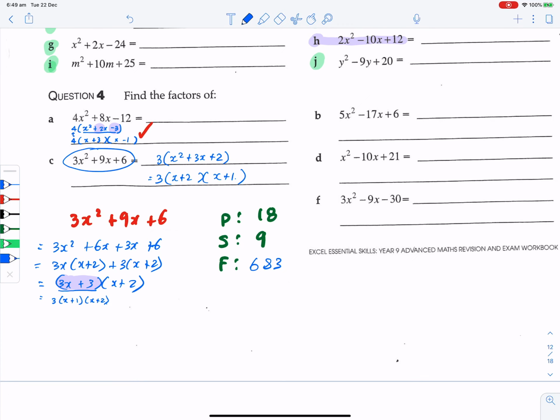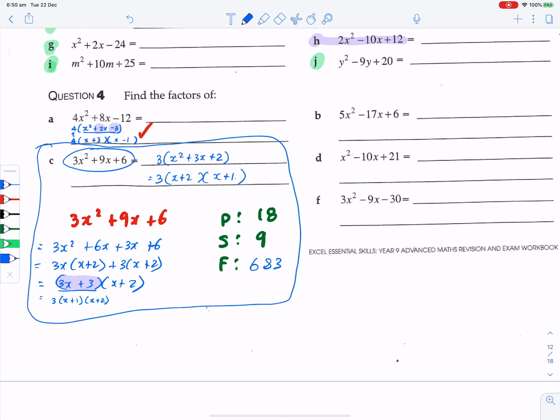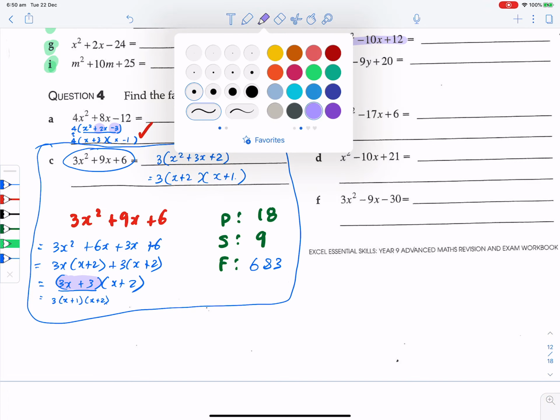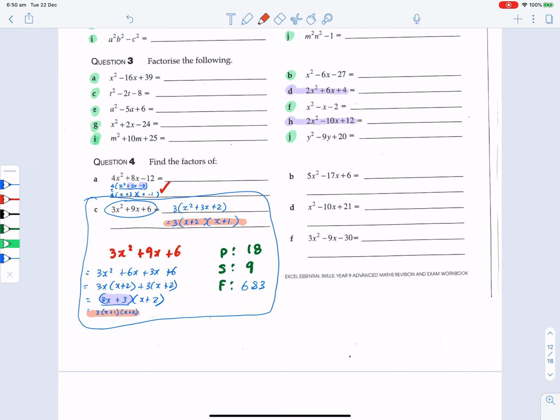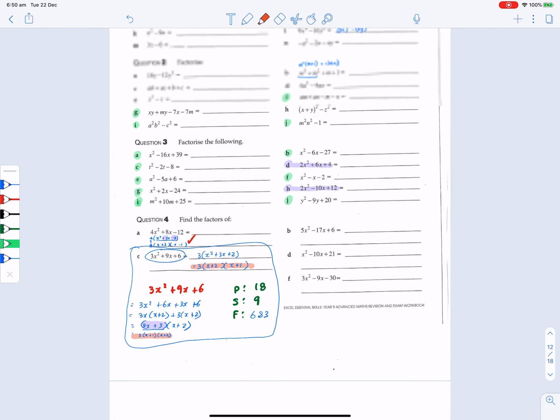And now if you compare what we did earlier to our final answer, the answers are exactly the same. So there's our answer before, and that's our answer now. They're absolutely identical. So just keep in mind that you should take out the highest common factor where possible.